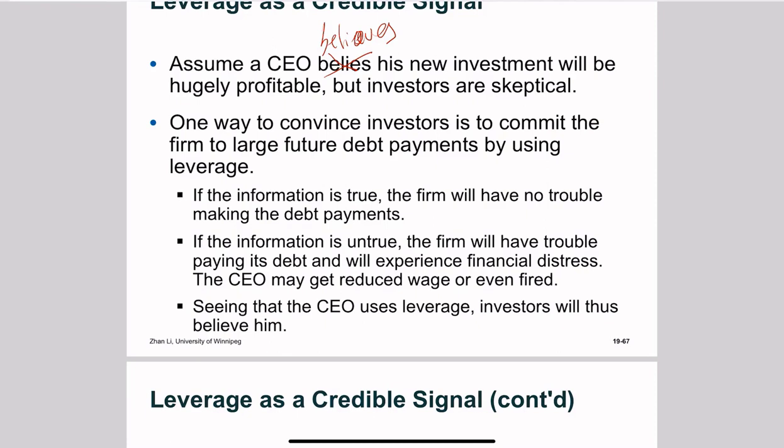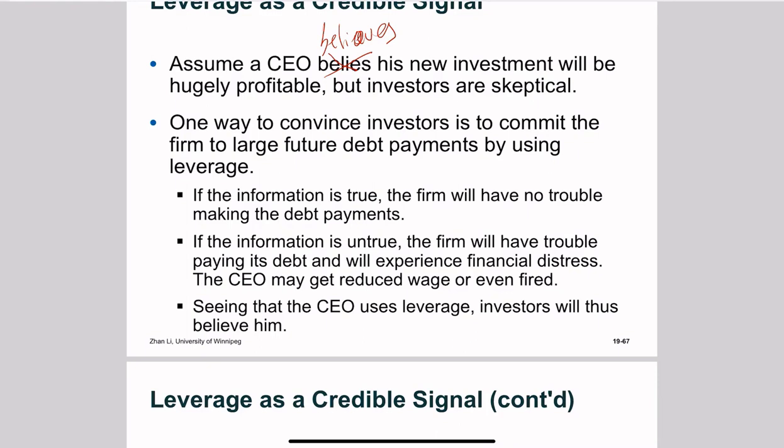So the CEO will get a lower wage or even get fired. And investors understand this. They understand that if the CEO is lying and is using a large amount of debt, there will be bad consequences for this CEO.